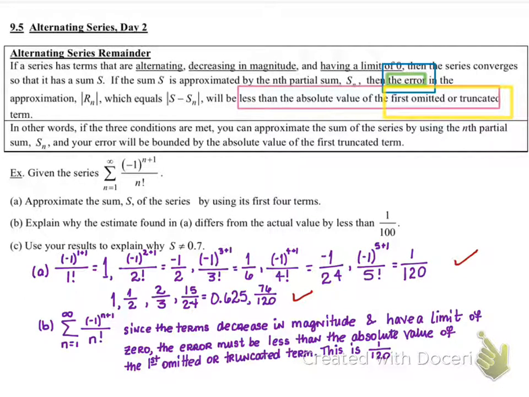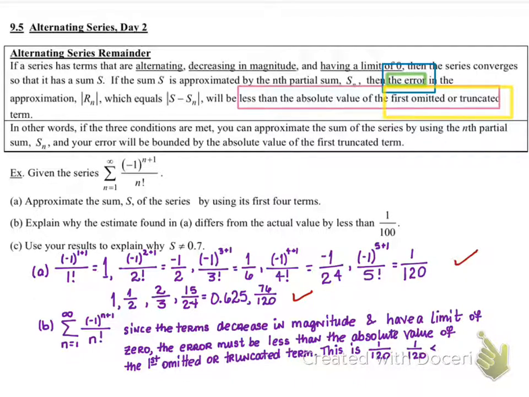In this particular case, the error is less than the absolute value of the first omitted term, which happens to be 1 over 120.